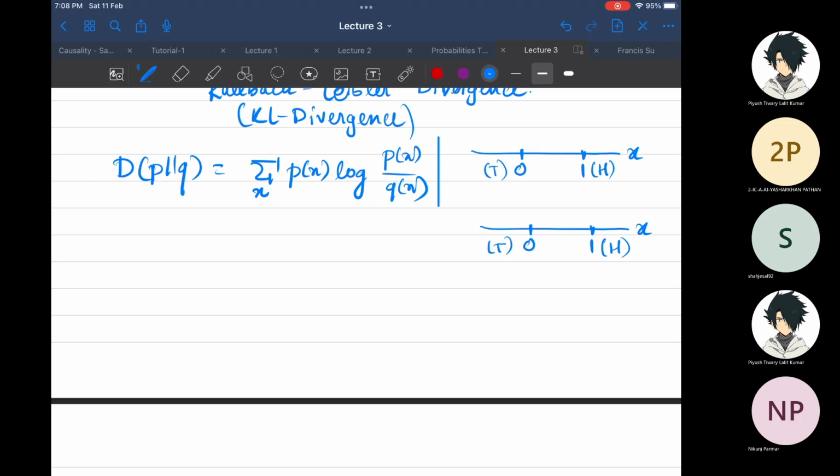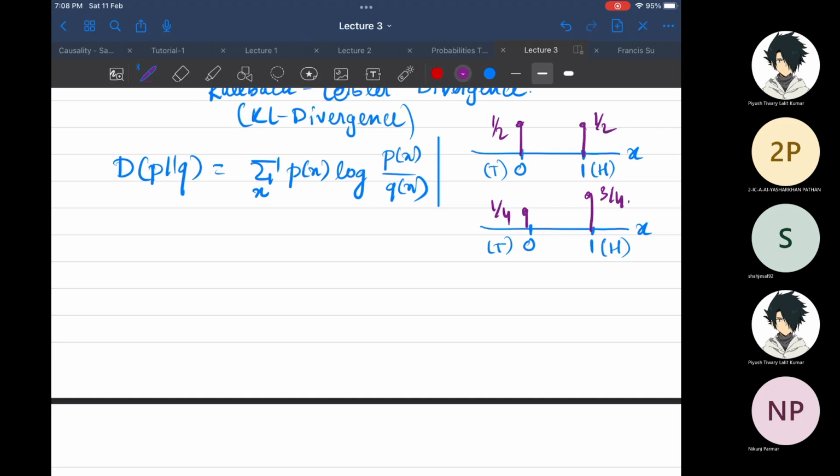Or in another sense, think of them as two coins. The first coin assigns a probability of half and half to both outcomes. There is another coin which assigns a probability of 1 by 4 to tails and 3 by 4 to heads.